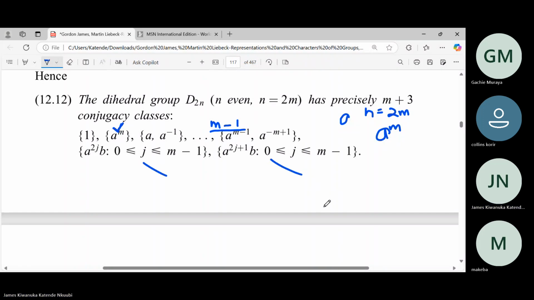So if you add them up, in total, you'll have m plus 3. You have exactly m plus 3 conjugacy classes, where m is just half of n, since n is even. So if you want to write it in terms of n, you replace m with n over 2. So it will be n over 2 plus 3 conjugacy classes.